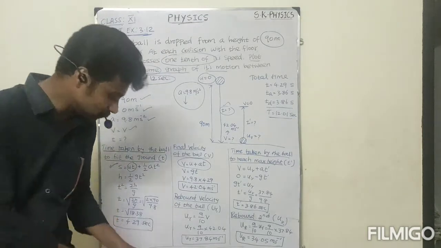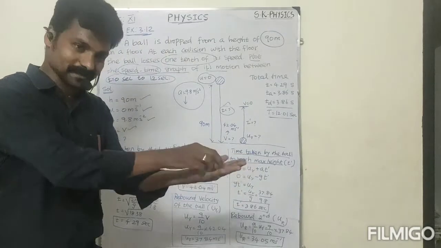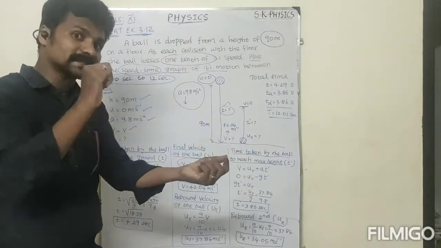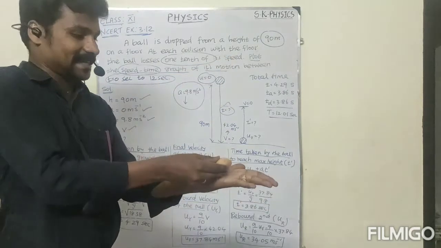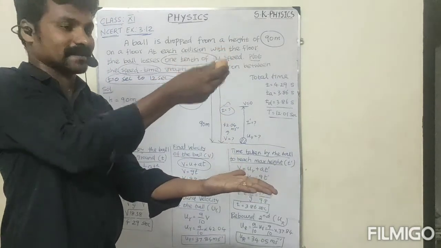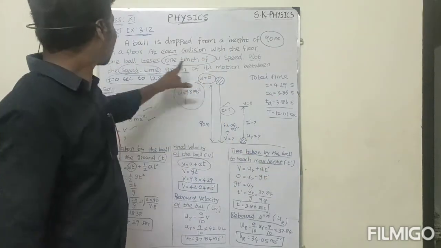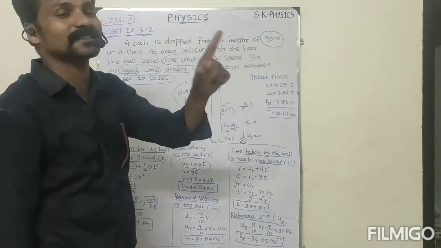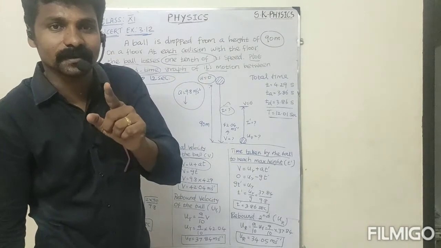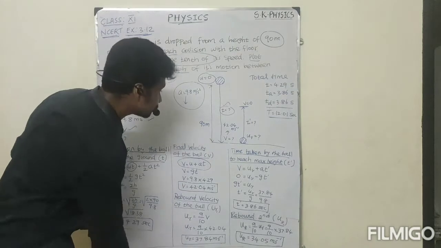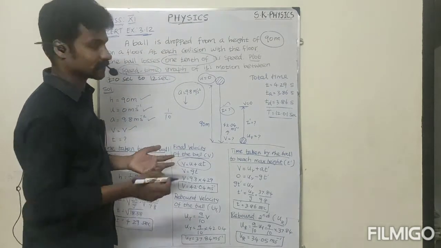Okay. Now the ball has hit the ground for the first time. After that, what happened? It rebounds back. When it rebounds, it loses 1/10 of speed. 1/10 of speed means 1 divided by 10 of speed is lost.